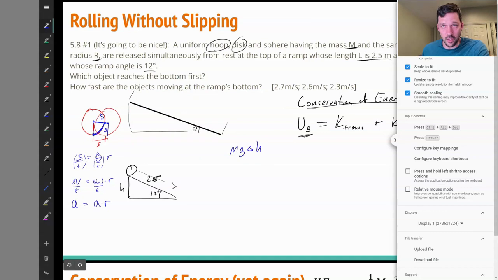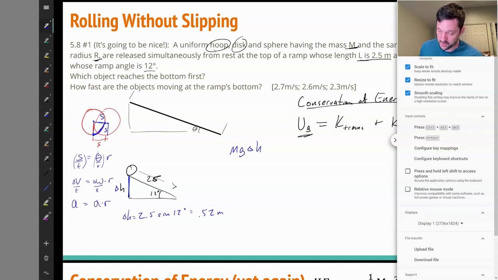How much is it going to go down from the top to the bottom? Since we've got a triangle, delta h is the opposite side, so we've got 2.5 sine of 12 degrees. So our change in height is going to be rather inconvenient, 0.52 meters.